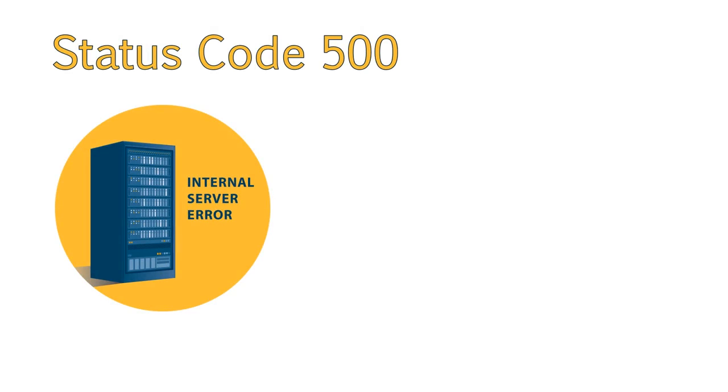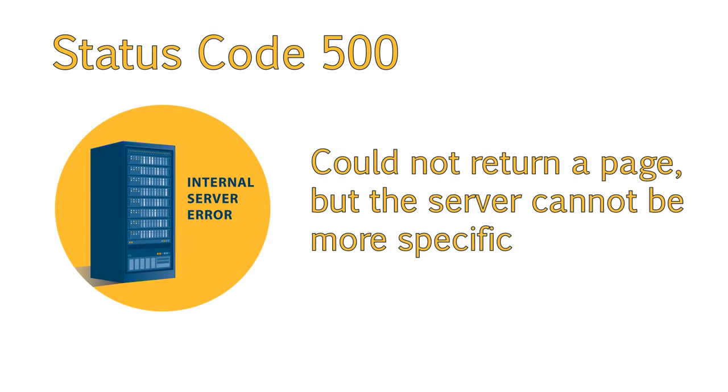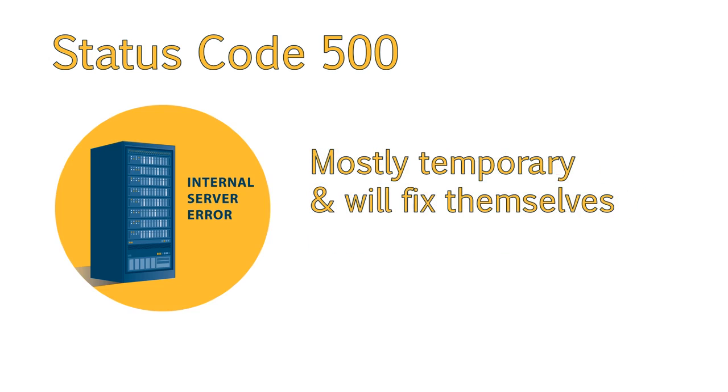Another common status code is 500, which means server error. This is more of a generic error that occurs when something went wrong when trying to return a page, but the server cannot be more specific about what exactly is causing the error. Many times, these errors are temporary and will resolve themselves.